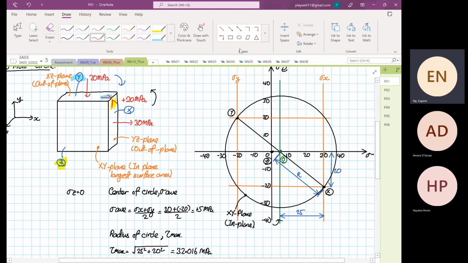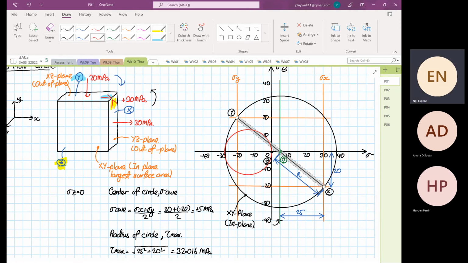I'm going to use red, a different color now. This is just a sketch. So this is one of our circles over here.